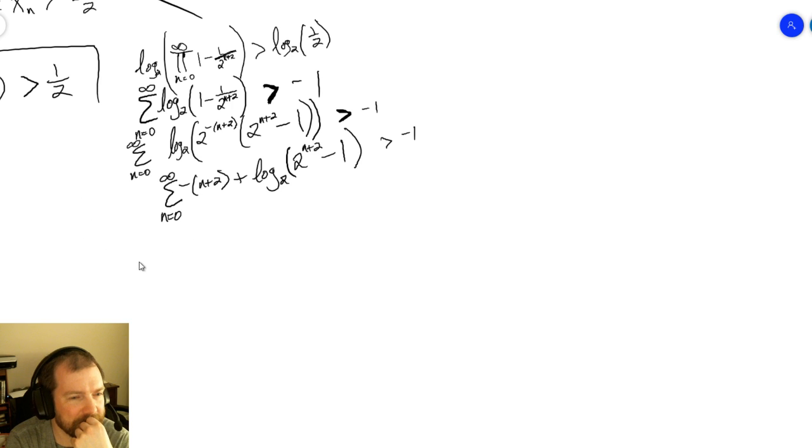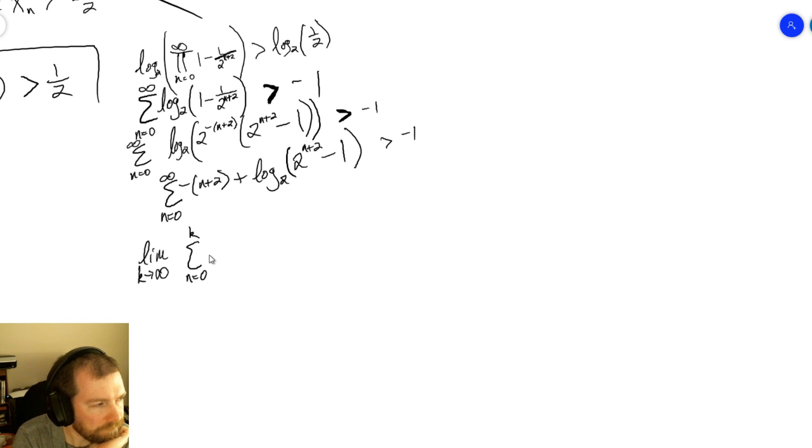So we're trying to find the limit as k goes to infinity of the sum as n goes from 0 to k of negative n plus 2 plus log of 2 to the 2 to the n plus 2 minus 1.